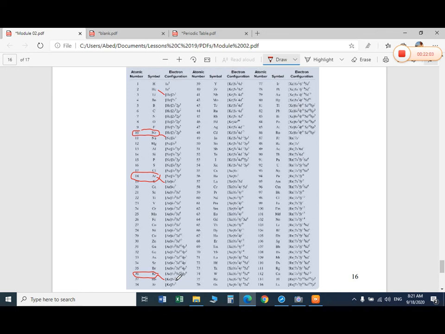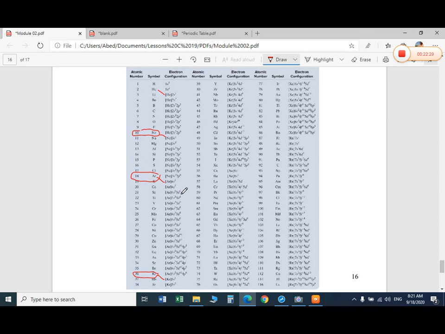So instead of writing a long configuration, this is the short method. Just see this chart, this table will teach you when you can use the next noble gas. It starts from helium 2, neon 10 electrons, argon 18 electrons, krypton 36 electrons. Like this way you can make a short electronic configuration.